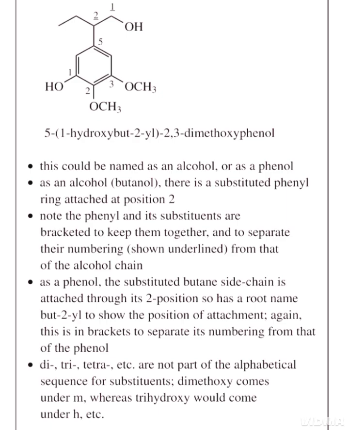This is the bracket to separate its numbering from that of the phenol. Oh, I see. So the alcohol is in the bracket because it has 1 functional group, and dimethoxyphenol is outside the bracket because it is the longest chain, and to not rewrite it so that we will not be confused about it.